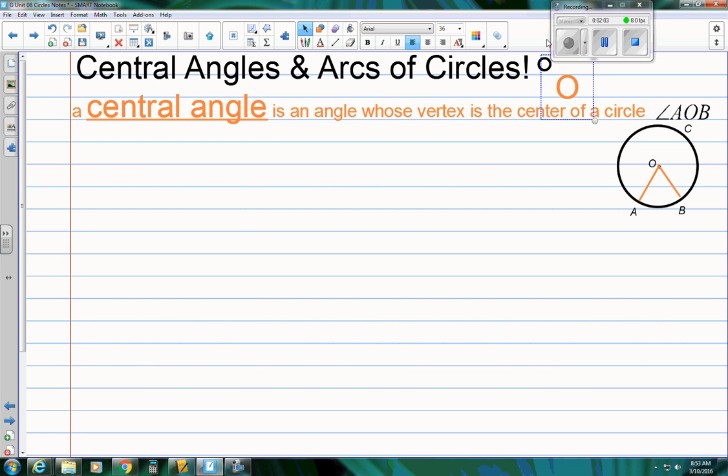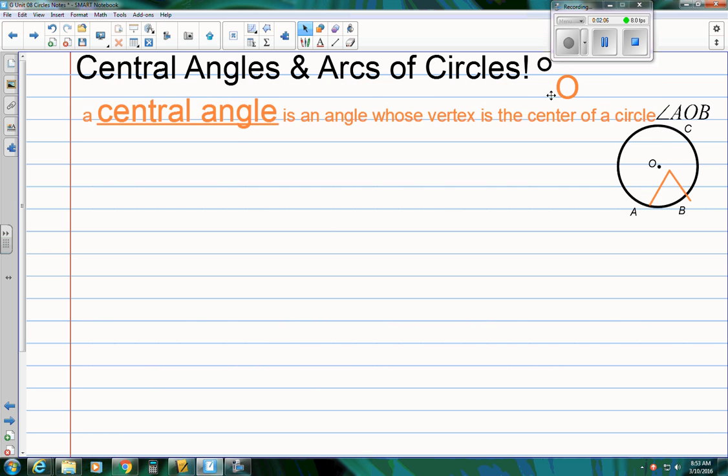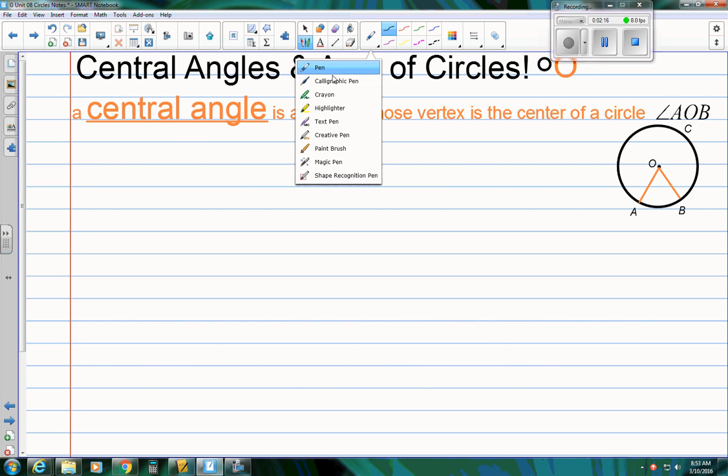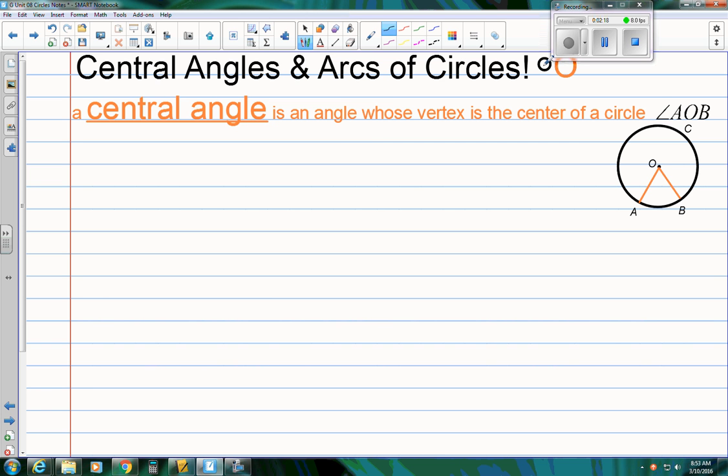So this one would be called circle O, like we said. And we usually put a little dot inside of our circle symbol. So that's how we would name a circle.